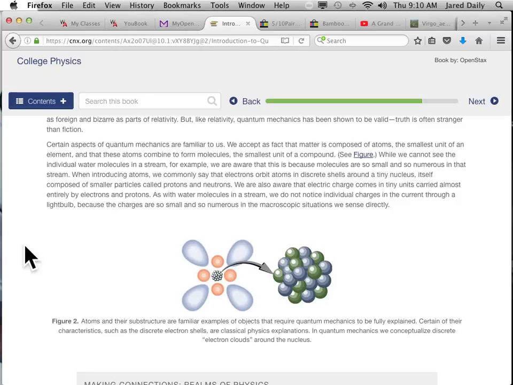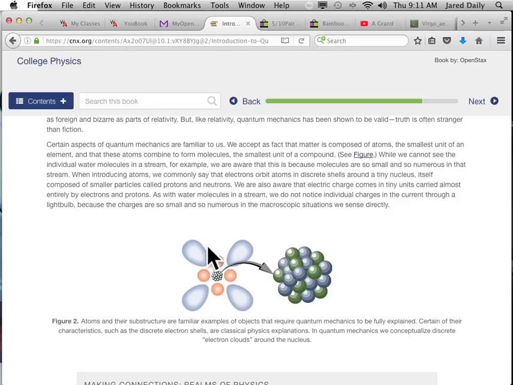Here they show a nice little representation, which really has very little to do with what an atom actually would be. It shows what an atom might look like in a two-dimensional cross-section, where you have this nucleus at the center, and then these what we call atomic clouds or electron clouds or valence clouds, or electron shells, however you want to talk about them.